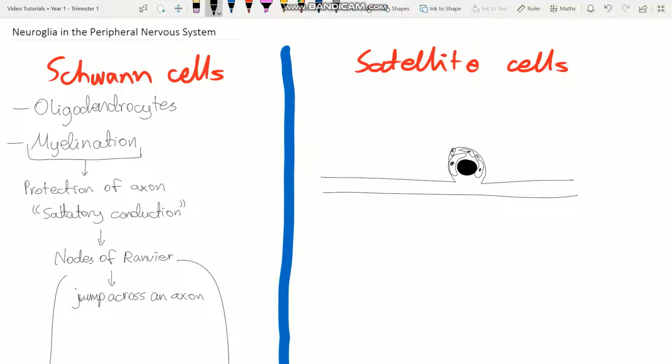This covering has many different functions. Firstly, it allows for the protection of the cell. Secondly, they allow for the repair of the neuron if it gets damaged.